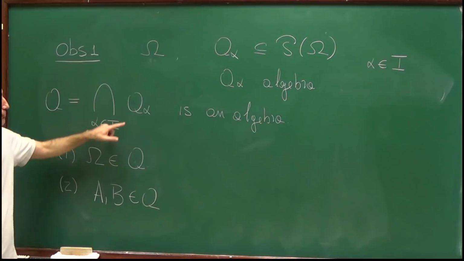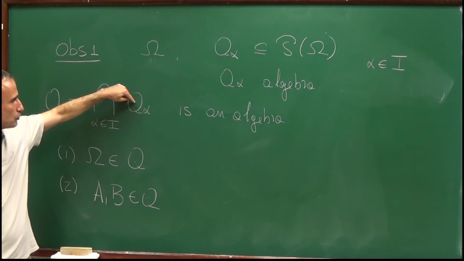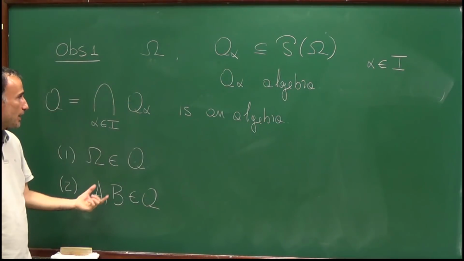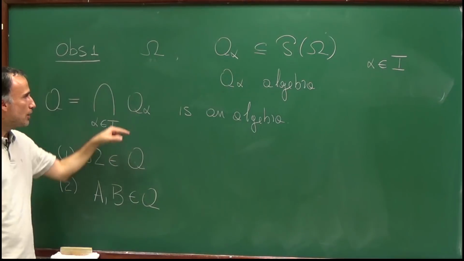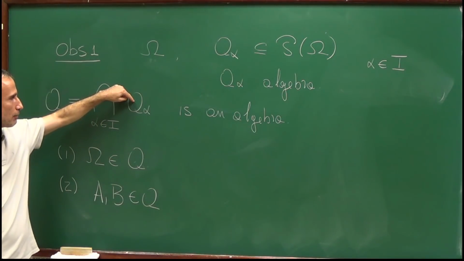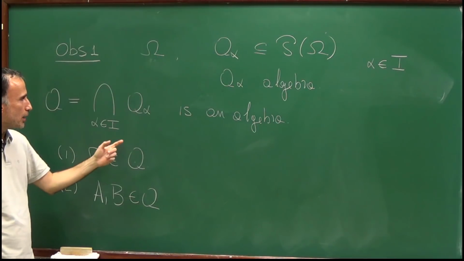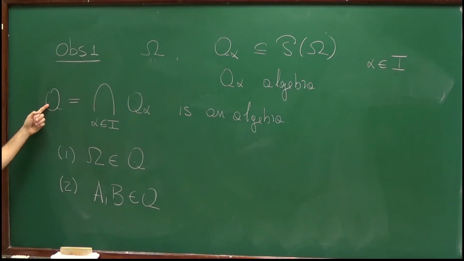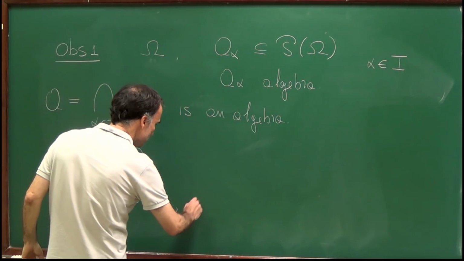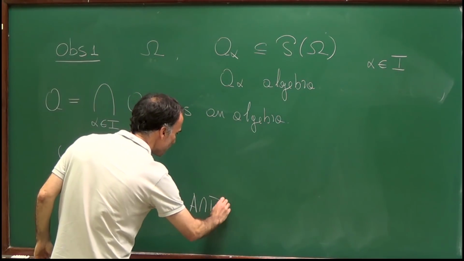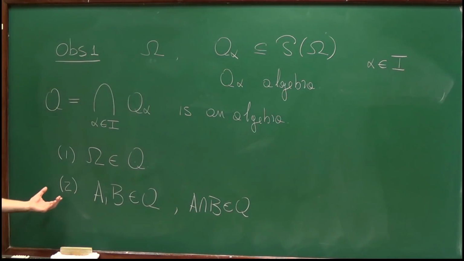And the same thing is true for B. Since A and B belong to A alpha, and A alpha is an algebra, the intersection of A with B also belongs to A alpha. Since the intersection of A and B belongs to A alpha for any alpha, the intersection belongs also to A, and we just proved that the intersection of A and B belongs to A, which is the second property of an algebra.